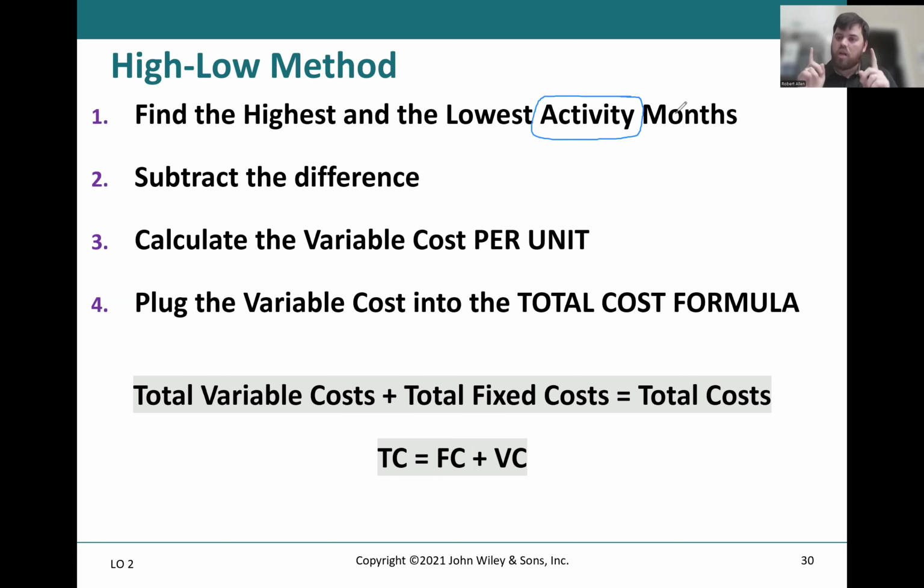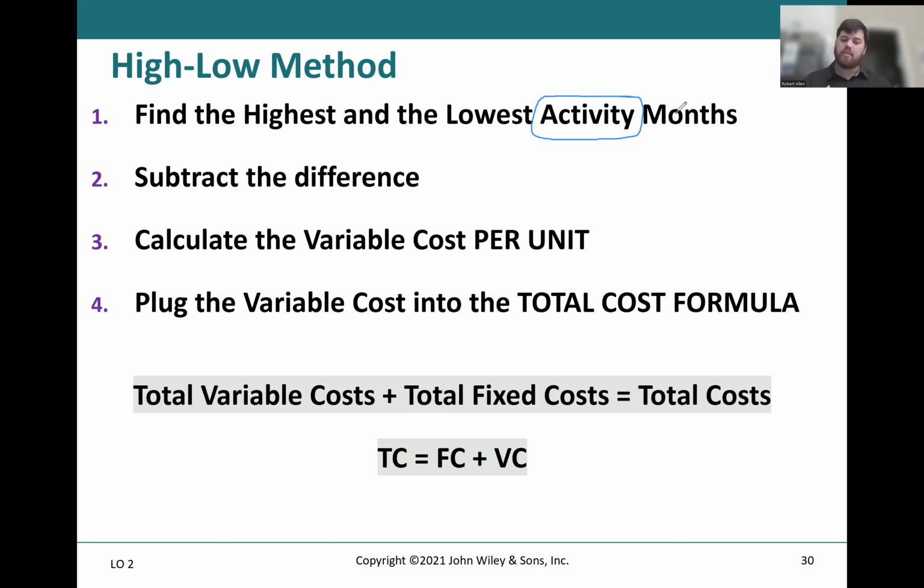Because the argument we are making, always keep that in your head, is X causes Y. Production causes cost, not cost causes production, right? Which means when we make this determination, we make it based on the activity level being done, not based on the cost incurred. Very good.